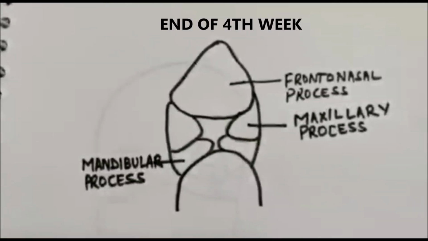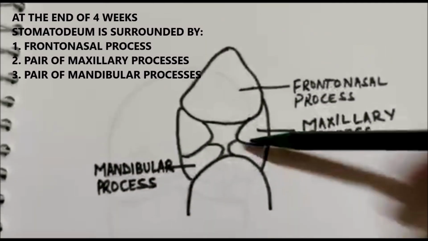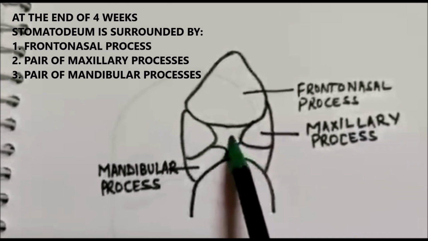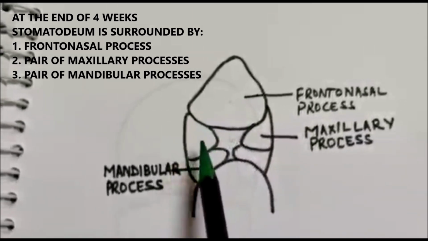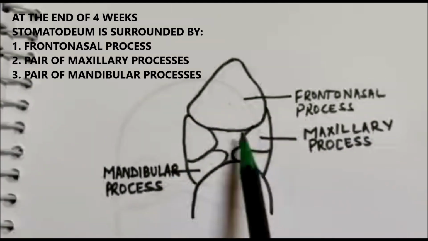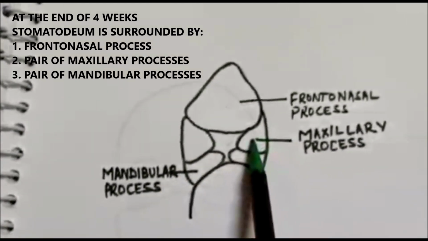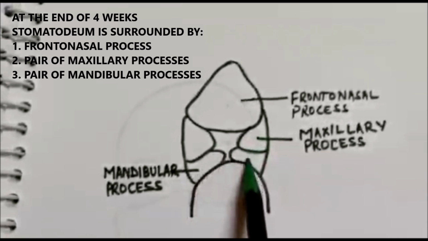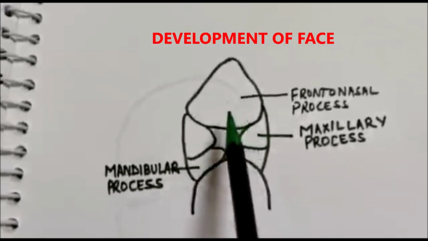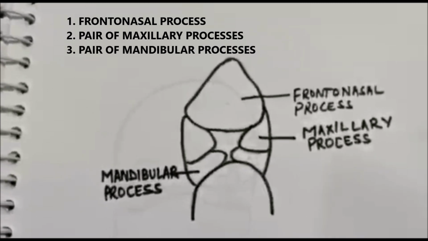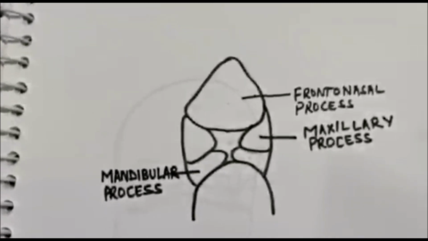So at the end of the 4th week, the stomatodeum is surrounded above by the frontonasal process, on either side by the maxillary process, and below by the mandibular process. And all these 5 processes will lead to the formation of the face.